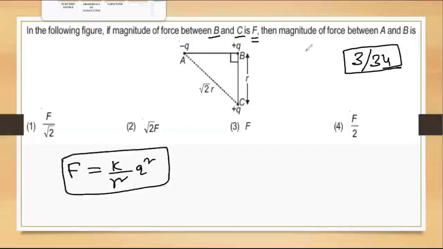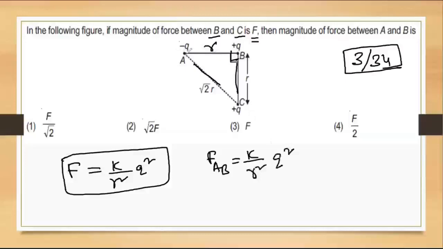Then we need to find out force between A and B. Force between A and B. K will be K only. And as you know that it is 90 degrees, so it is R, not root 2R, it will be R only.